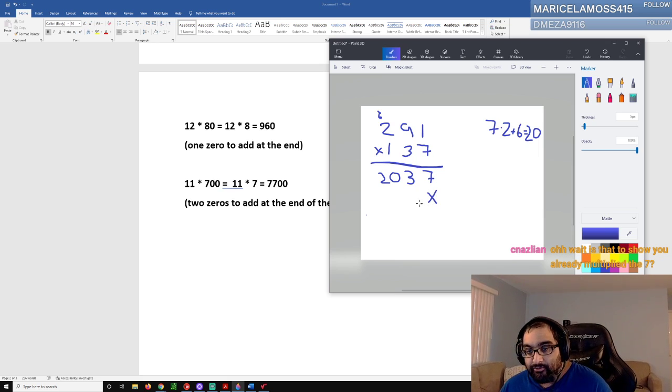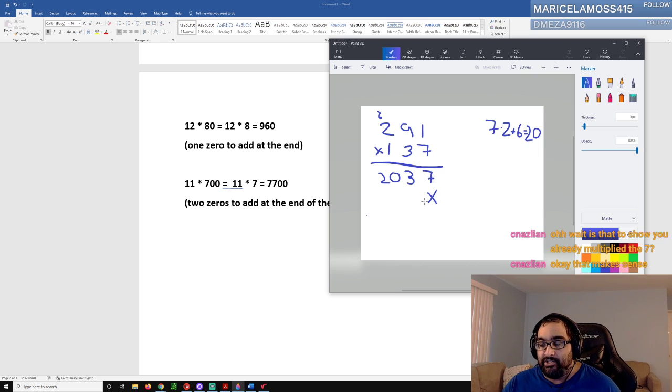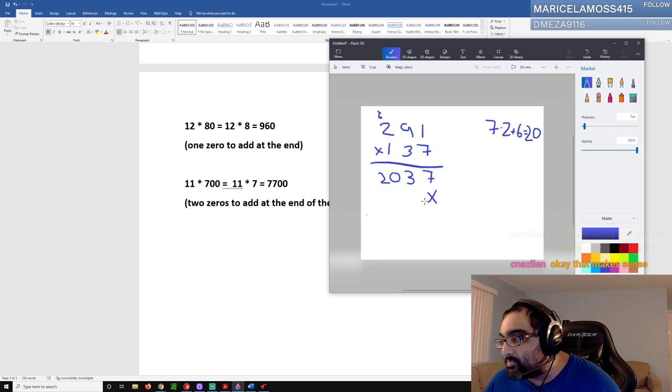And the fact of the matter is that you want to move one space over to the left. Again, that's why the cross is there, because it gives you a visual representation about where you're not allowed to put numbers in. So I found this to be an easier method because I can physically see if I put an X somewhere, it tells me no, don't put things there. All right, just leave it alone.